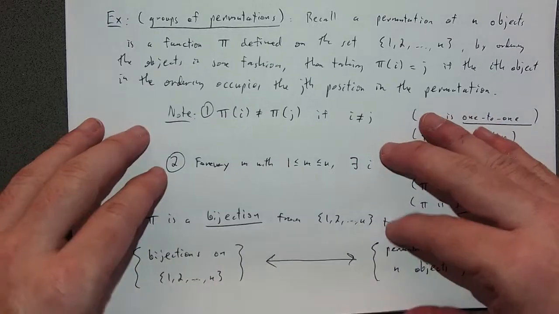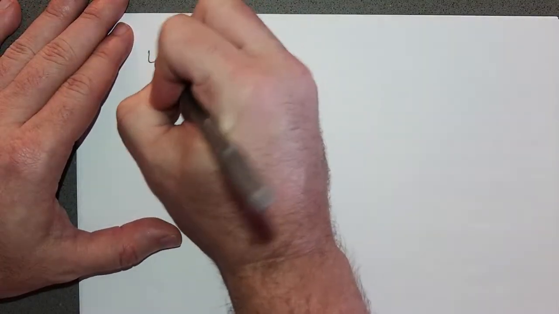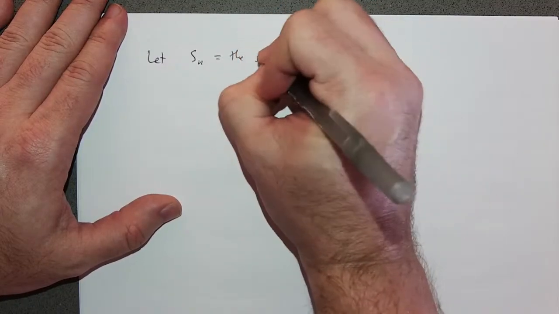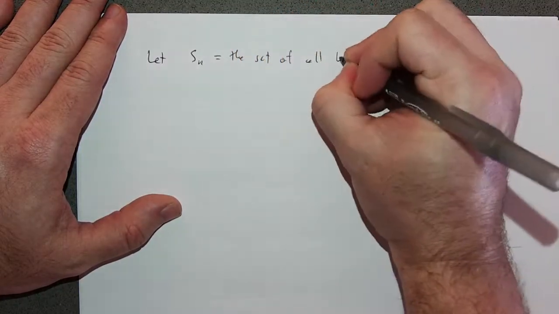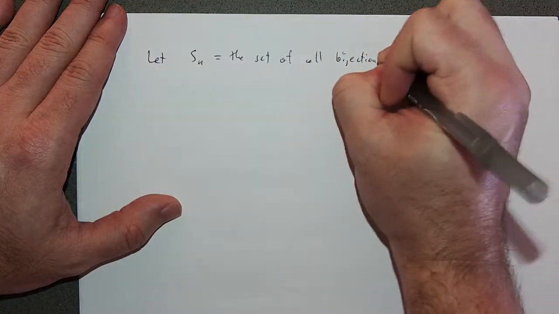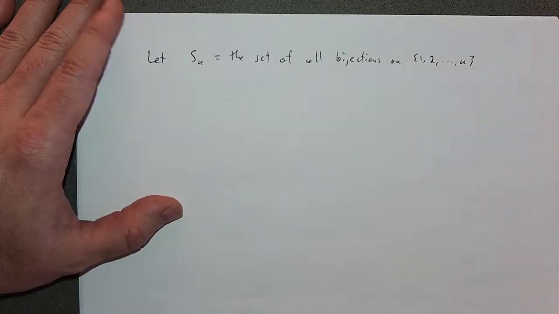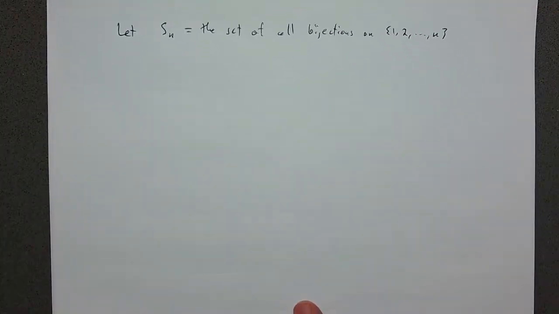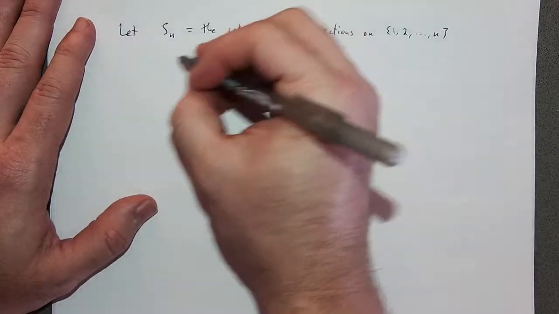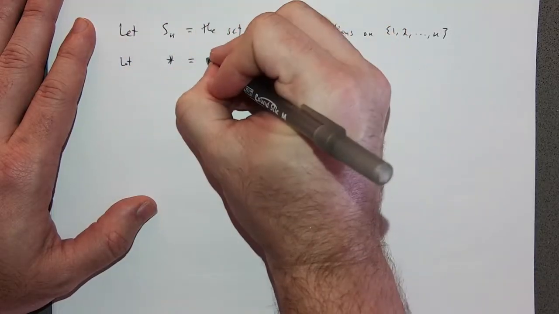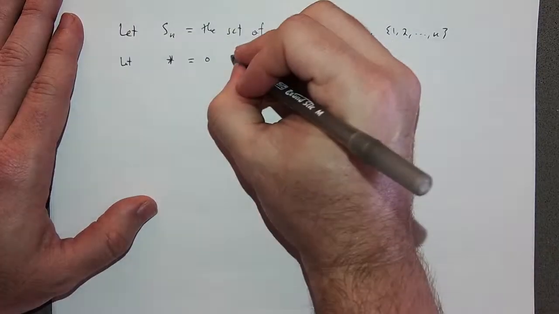Okay. So let S sub n denote the set of all bijections on the set 1, 2, and so on out to n, on the set of n objects. Okay. Let star be function composition.